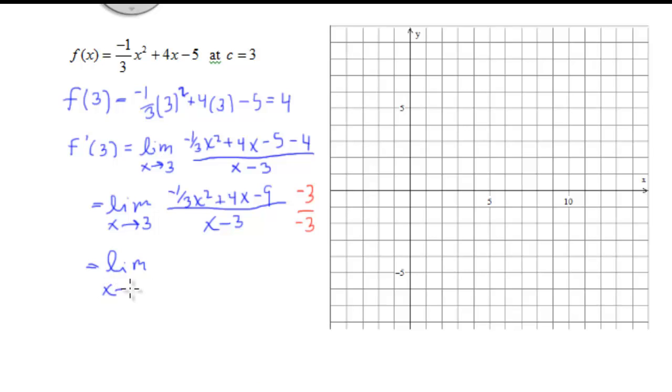So limit as x approaches 3 is x squared minus 12x plus 27 over x minus 3. Now you should stop and try and finish the problem on your own if you just needed that hint on how to clean that up.